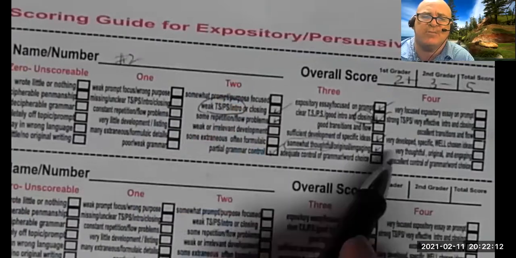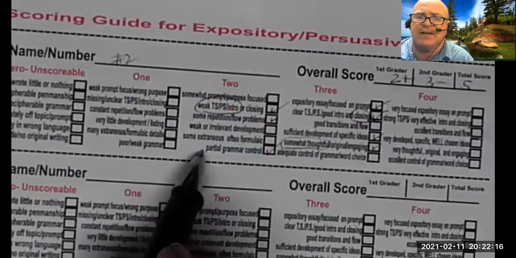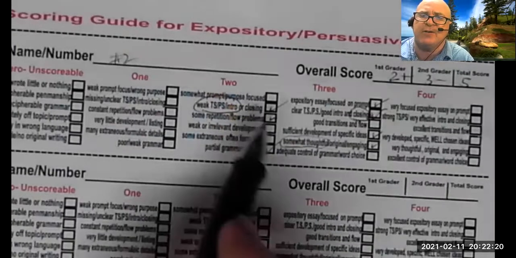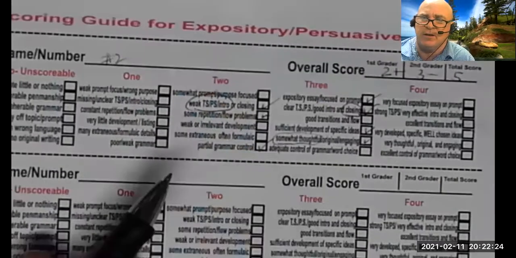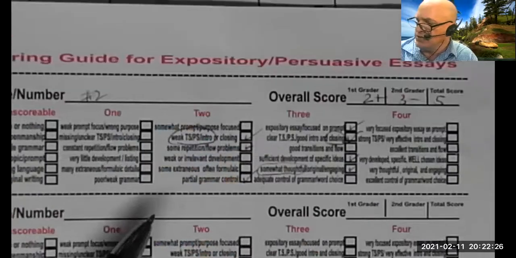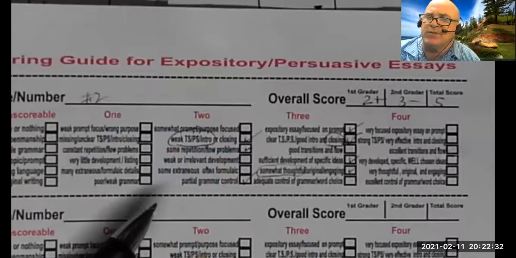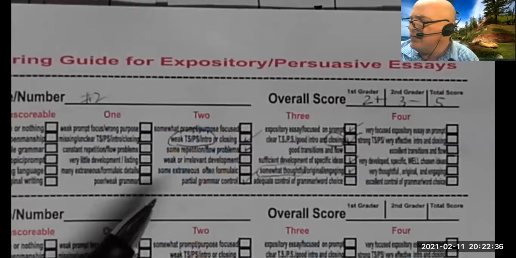But as you could tell, the student only had partial control over grammar, so I gave a 2 there. So then you just have to decide, is it a 2 or a 3? Well, it can be a 2 and a 3, because you can be two separate graders, or you can be both graders. And so this paper would probably get either a 4, a 2, and a 2, or if somebody's generous because of the development, they could get a 3.